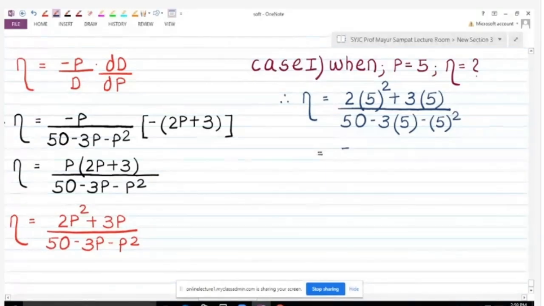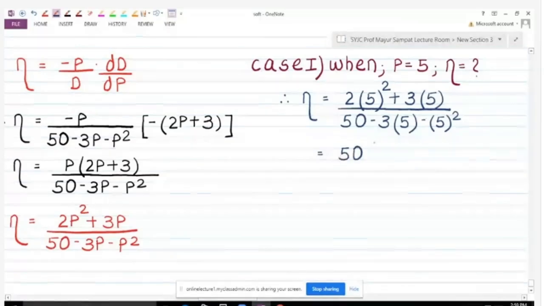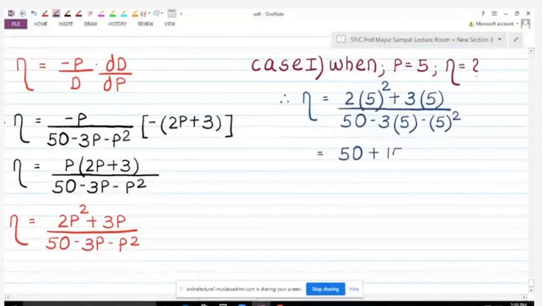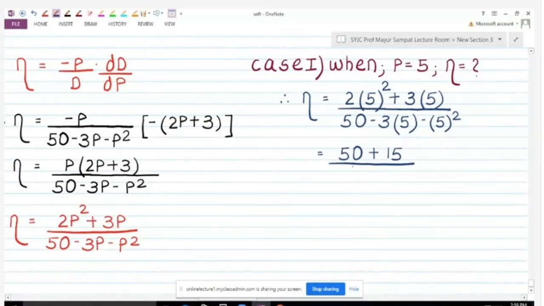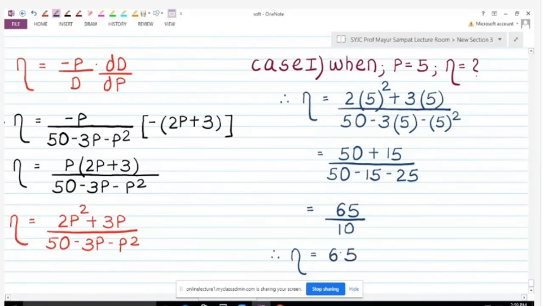The square of y is 25, 25 2s are 50, 3 5s are 15, 5 squared is 25. 50 plus 15, 65 upon 10, and therefore eta is equal to 6.5.